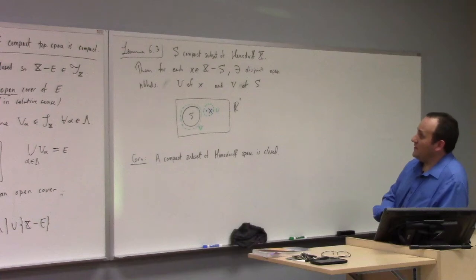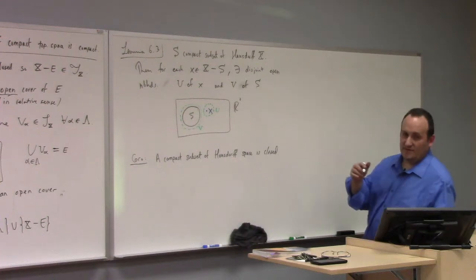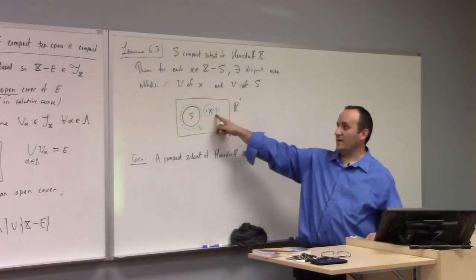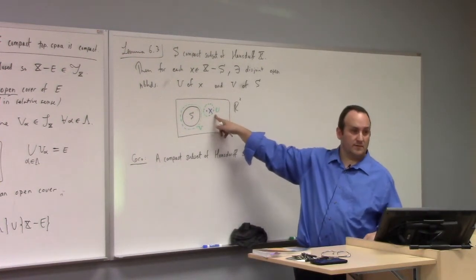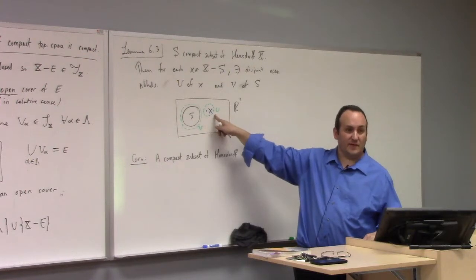It has the property that there is an open subset around it, right? Disjoint from V and thus from S. What does that mean? So think about this. If you take the union of all such possible U, like think about x varying over the complement, right?